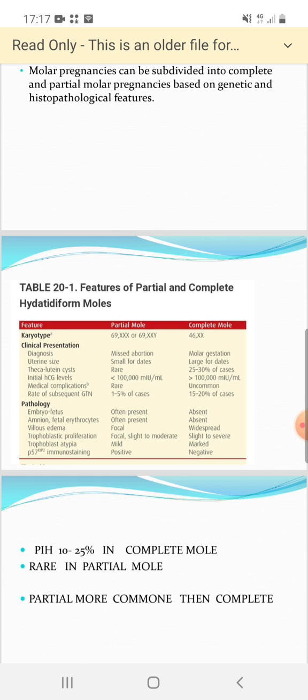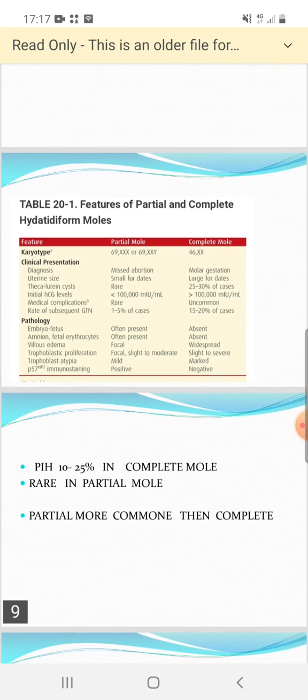The partial moles are triploid, and the complete moles are diploid. Most common is 46XX, and the karyotype could be XXY or XXX. Diagnosis: the partial usually presents as a miscarriage, and the complete presents as molar gestation. In the partial mole, they are small for dates, and in the complete mole, they are large for dates.